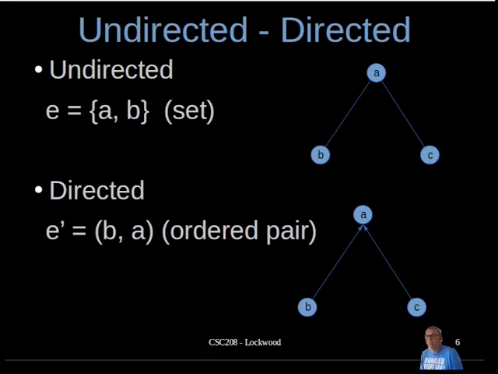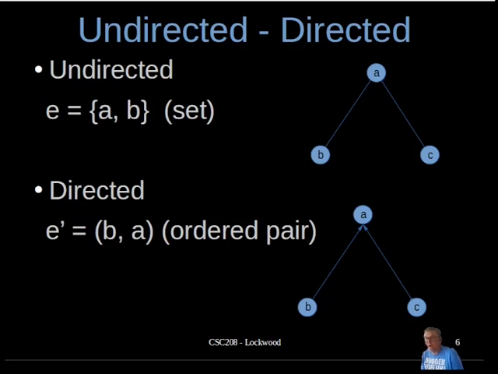Now when we talk about graphs, we can broadly characterize them into undirected and directed. In undirected graphs, there's no arrow on the edge indicating a direction. On directed graphs, there are arrows that indicate direction. When we talk about the edges of an undirected graph, we use set notation to describe those edges. And that's because the edge AB is exactly the same as the edge BA.